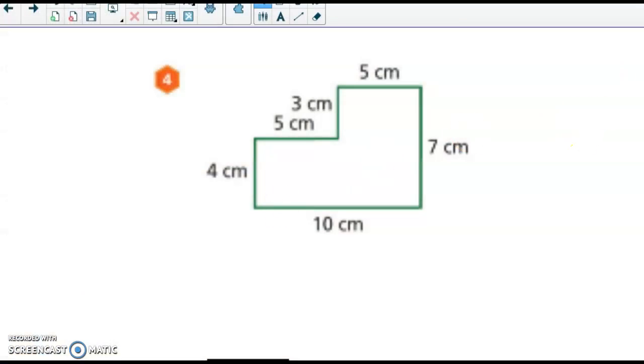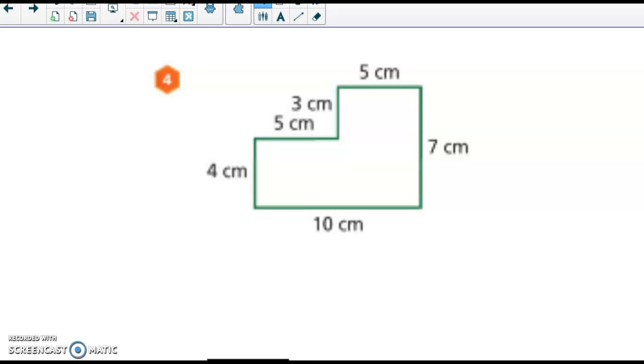Okay, so number 4 did not give you square units, so you needed to break the shape up into smaller rectangles and find the area of those rectangles and then put them together to find the total area. Okay, so this is how I thought to break up the rectangle.